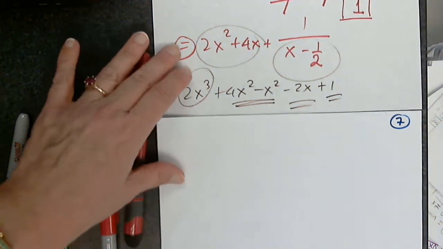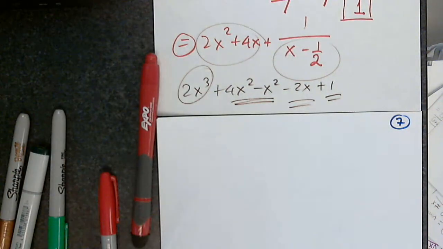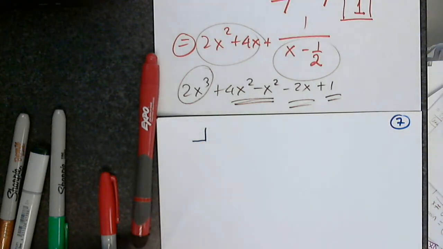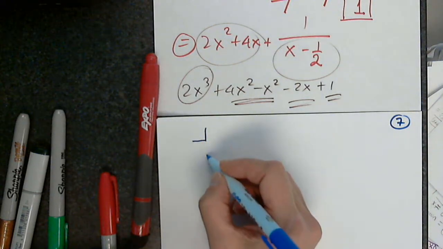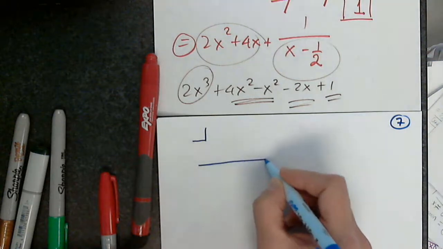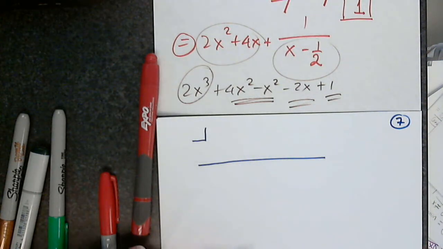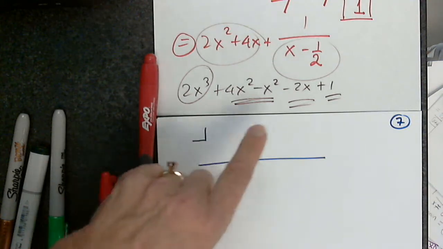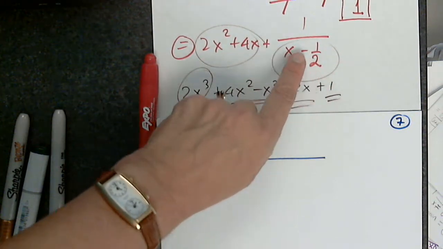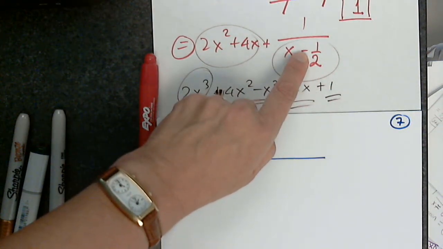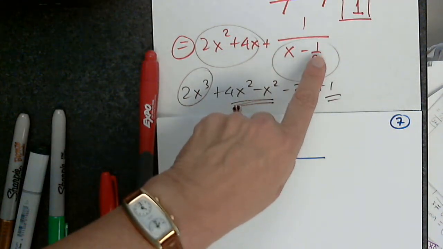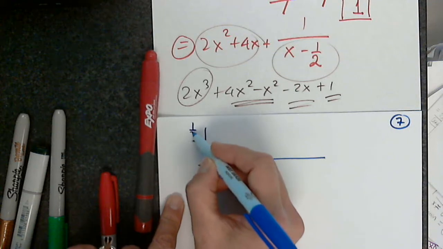Okay, so here's the algorithm for synthetic division. A little box. Leave some room here and a long line, fraction line if you want. It's not a fraction. In the box, I have to have a. Remember, if this is positive, then I have negative 1/2 here. Because this is negative, then I will have 1/2.